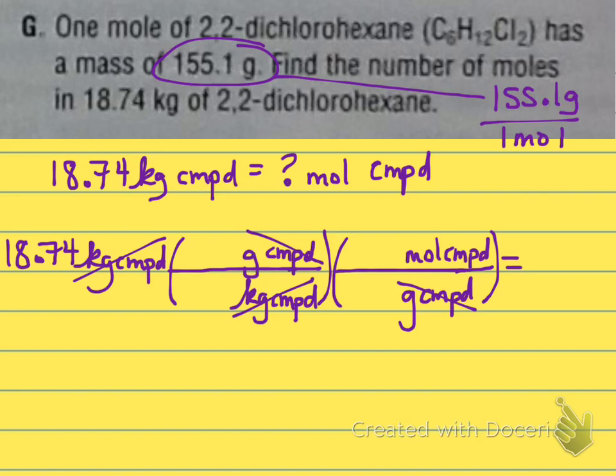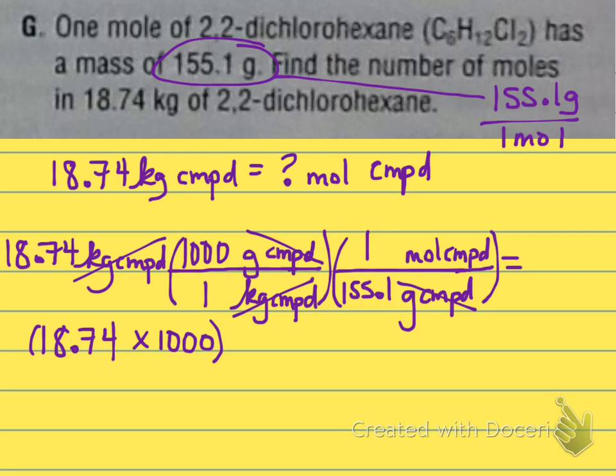And again, they told me that 1 mole is 155.1. And a kilogram is larger, and it's 1,000 or 10 to the third grams. So again, on my calculator, I'm going to take 18.74, multiply it by 1,000, and then divide that answer by 155.1.